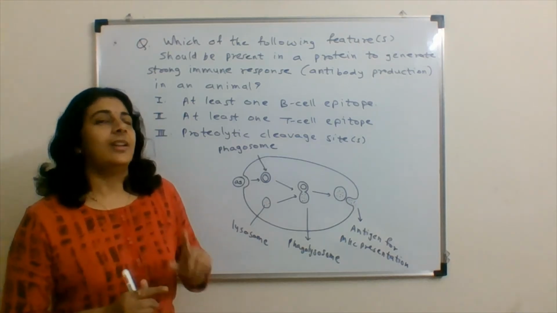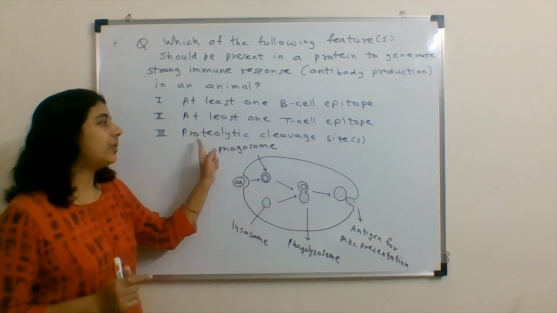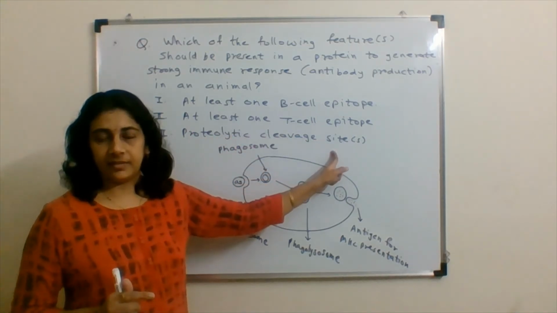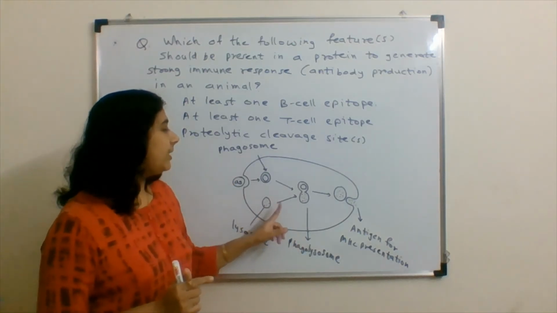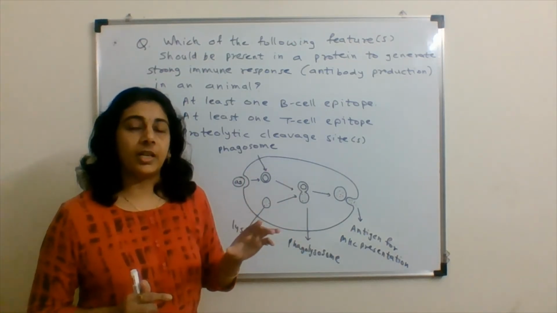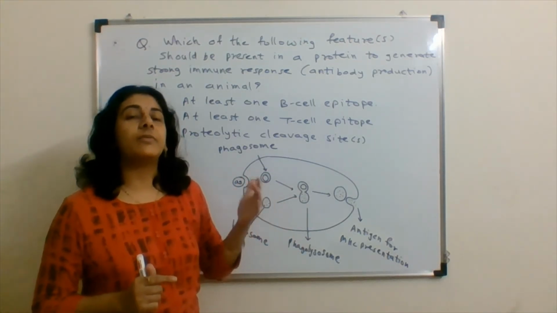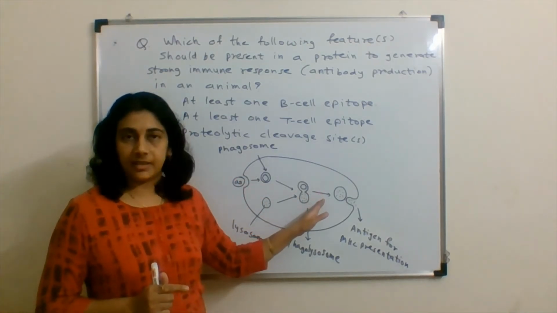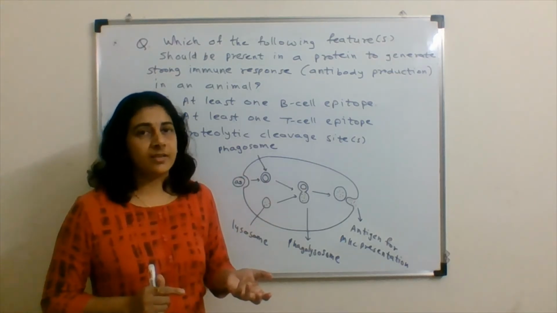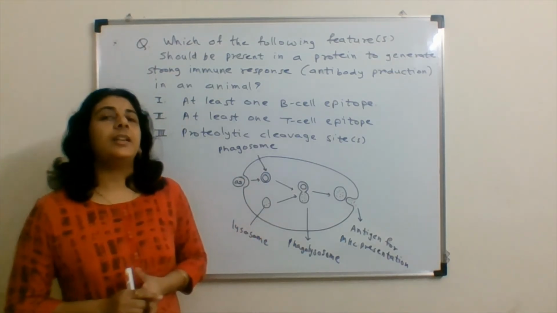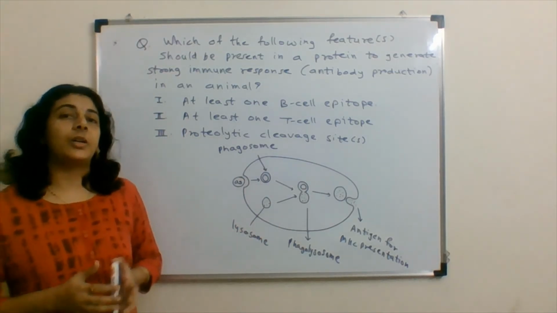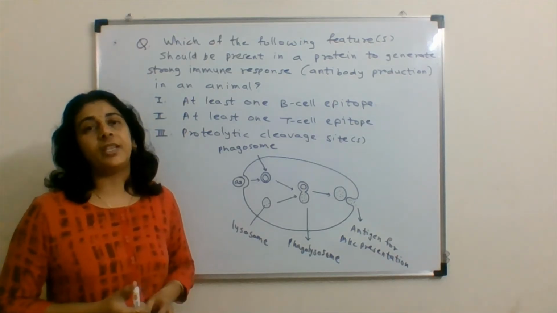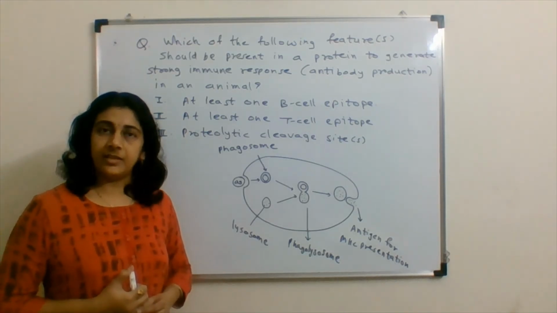So here the point comes that proteolytic cleavage site. See here, when this antigen is to be broken down, the lysozymes or various proteolytic enzymes are acting upon this antigen, which are present in a lysosome. So ultimately, the antigen, or we can say the epitope, is having proteolytic sites, right?